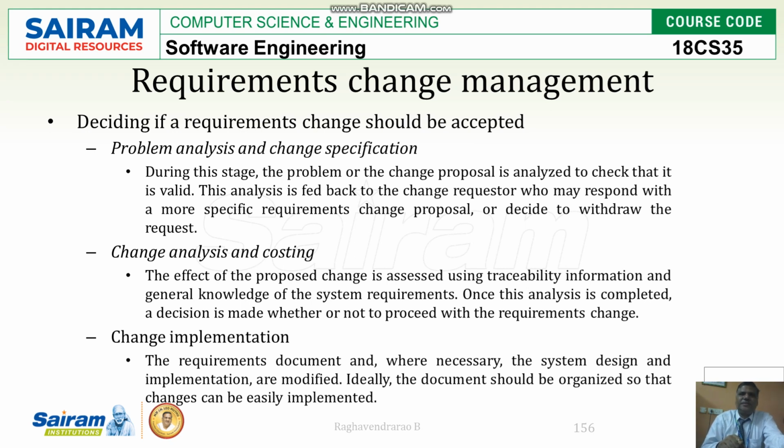Then next is change analysis and costing. Any changes that are required, based on the cost the data is going to change, or we can say the functionality is going to get changed. Traceability, all these things are going to come under this particular category. Okay. Change implementation. Once it is accepted, then that change is going to get implemented.